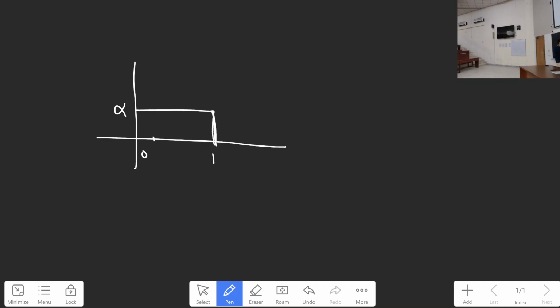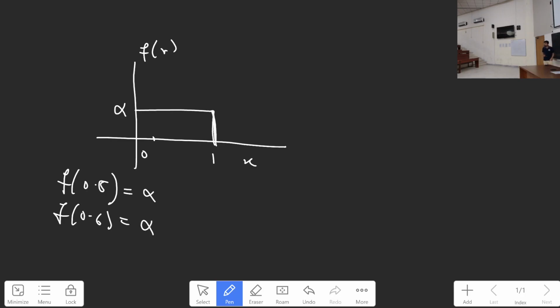If this is relative likelihood, it's saying what's the chance that this variable takes one value here, this value. I'm not saying that the probability that it takes this particular value is alpha. Okay, so first let's read this. If I call this fx and this is x, f(0.5) is what? Alpha. Yes. What is f(0.6)? It is also alpha, isn't it? Yeah.